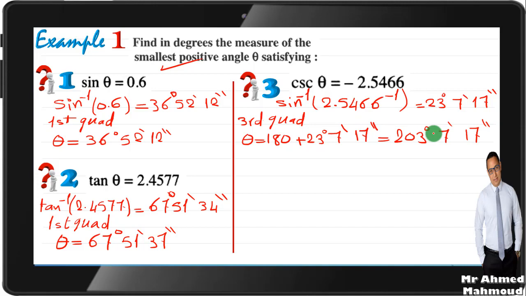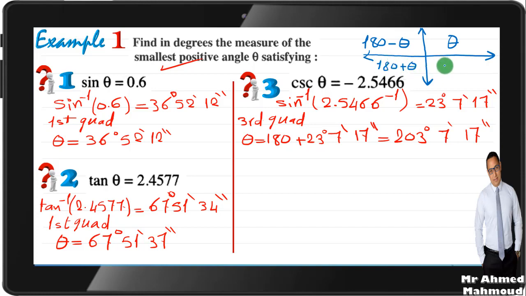Now I need to remind you of the angles in four quadrants. Here we have the four quadrants like this. In the first quadrant, the angle is theta. In the second quadrant, 180 minus theta. In the third quadrant, 180 plus theta.